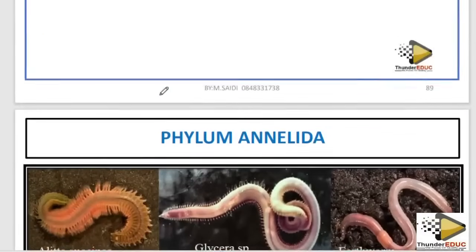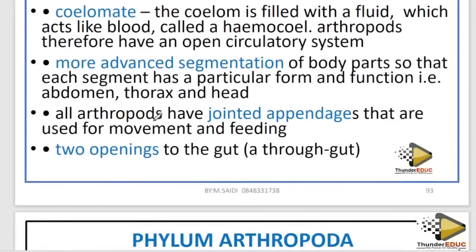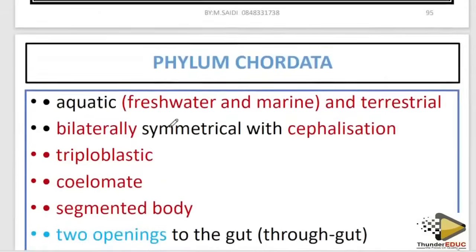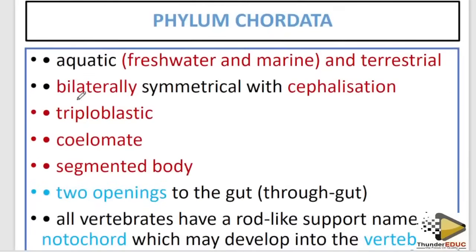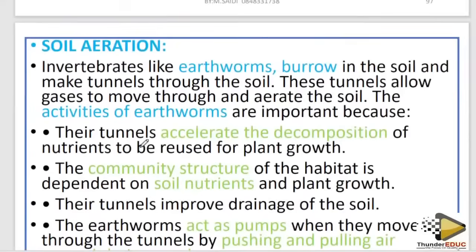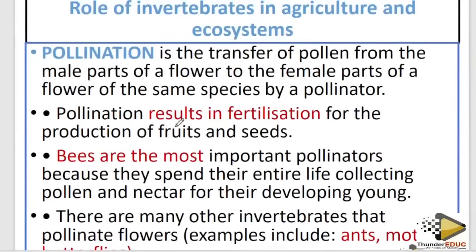That diagram I've shown you, I know that this is a problem to students. But you see these colors, I've put different colors. These are the things we are looking for, nothing else. So these organisms are very important for pollination.